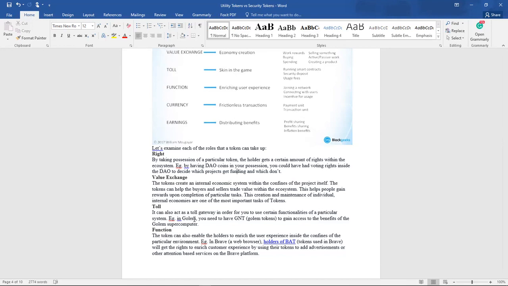So that you can access high-speed downloading, you need to have BitTorrent token. There is a coin called Bunny coin, and for you to access the entertainment world, you will need Bunny coin. So it acts like a toll.